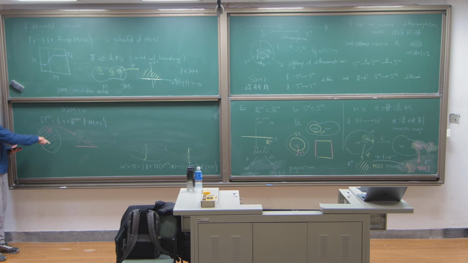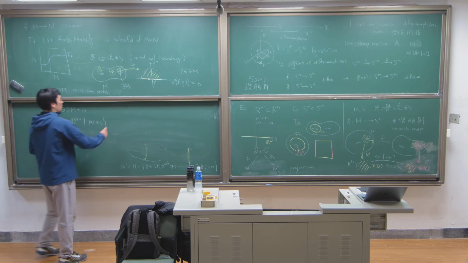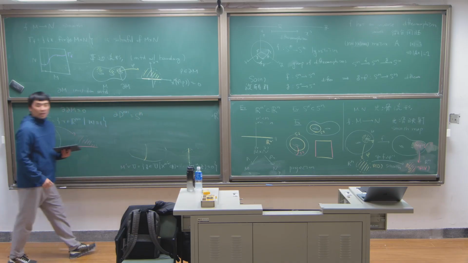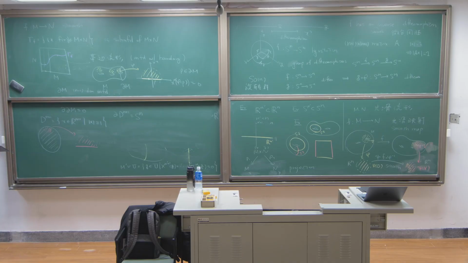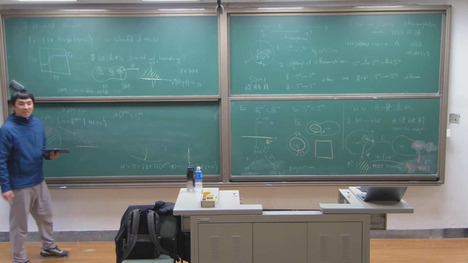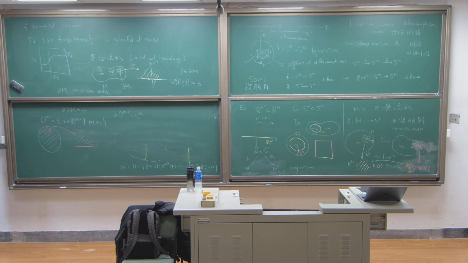And the boundary of this disk is what? The boundary of this is S^n. Okay. And then this S^n doesn't have a boundary. So the boundary of a boundary should be empty.